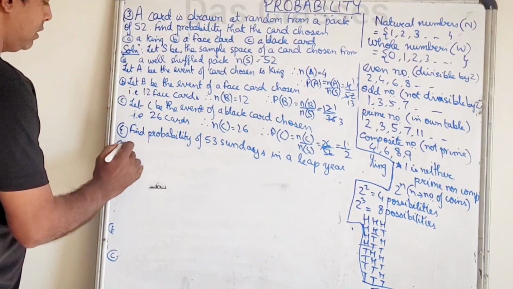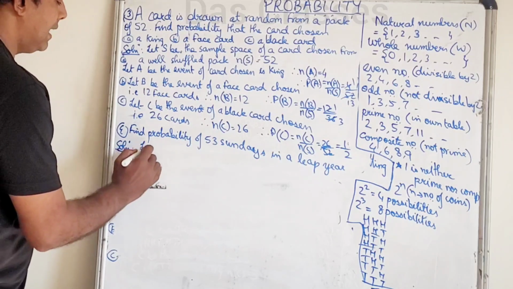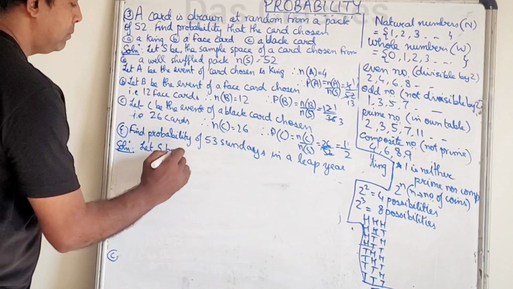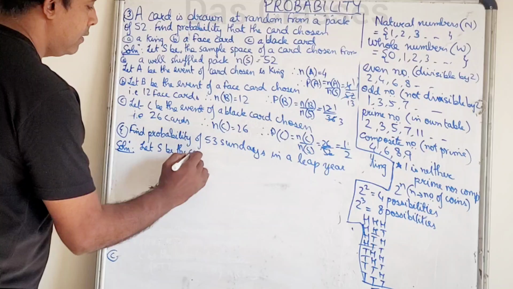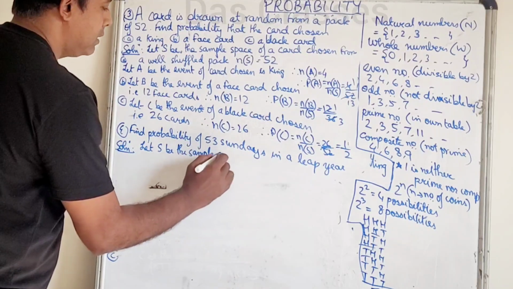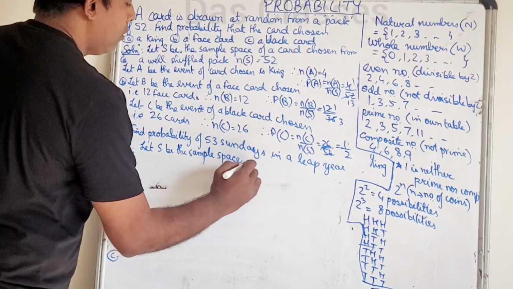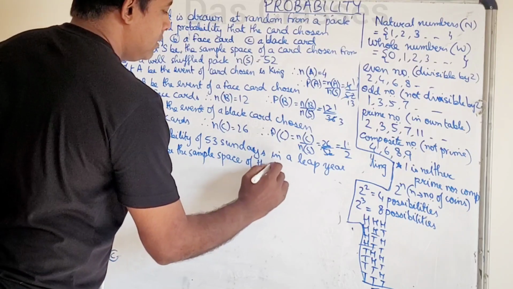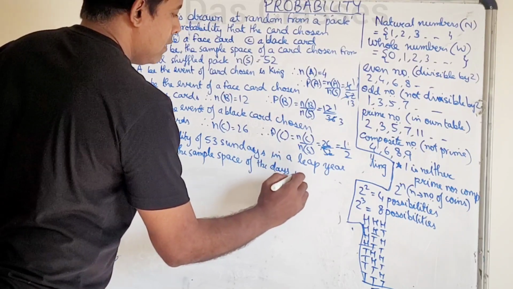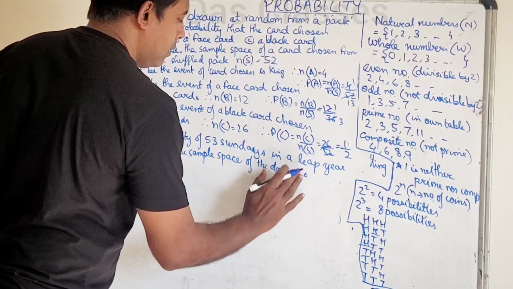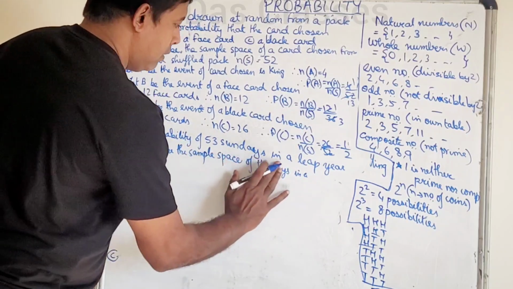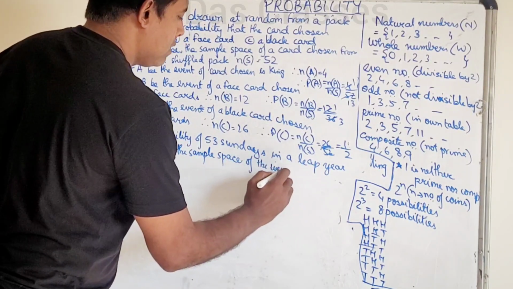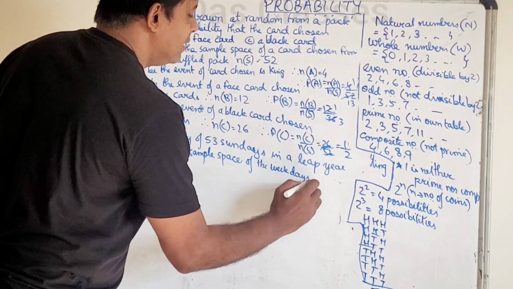First of all, solution. Let S be the sample space of the days of the weekdays in a leap year.